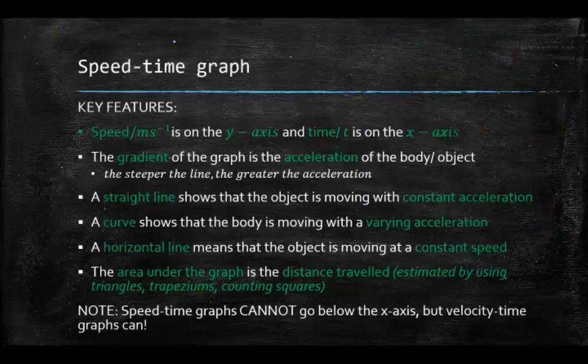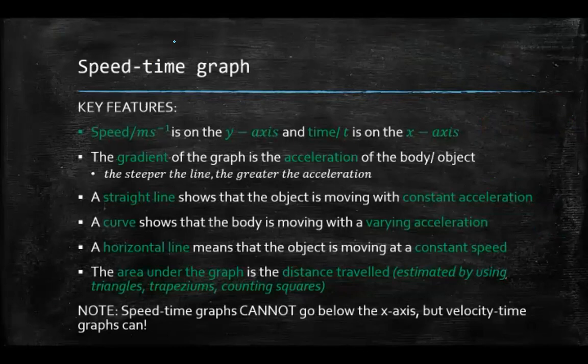Speed time graph, very similar to velocity time graph, just some things you need to note, right? So speed, y-axis, time, x-axis. That's okay. The gradient, we actually just say it's acceleration.